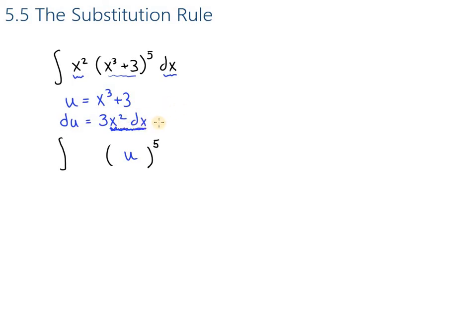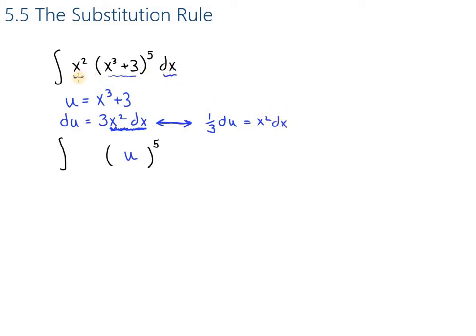But fortunately, this line right here is an equation. It's an algebraic equation, which means I can do a little algebra on it. And particularly, I'm going to divide both sides by 3, or multiply both sides by 1/3. Maybe that's a better way to look at it. So I'll multiply both sides by 1/3 and get 1/3 du is x squared dx.